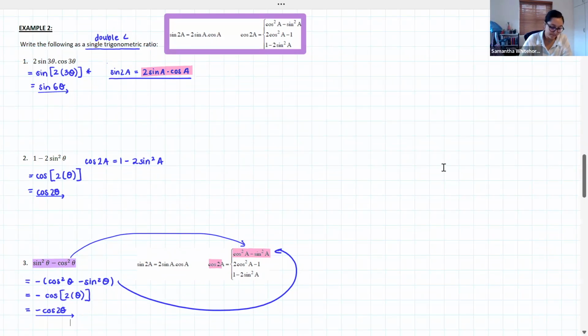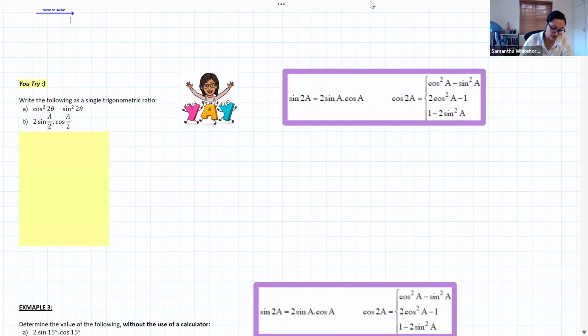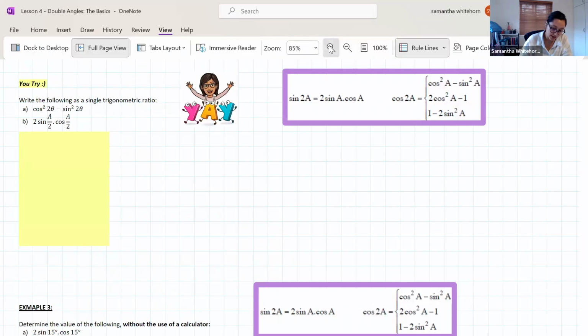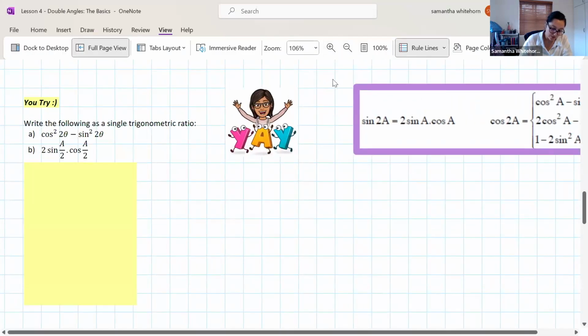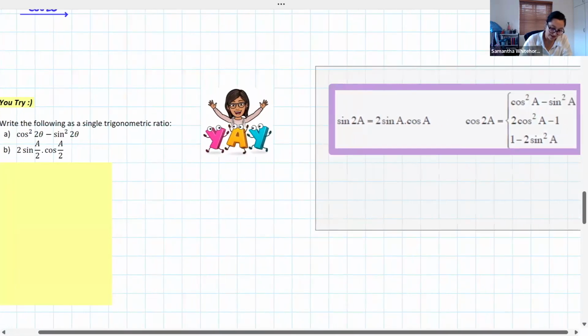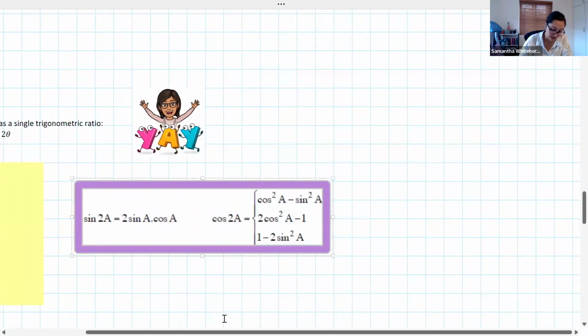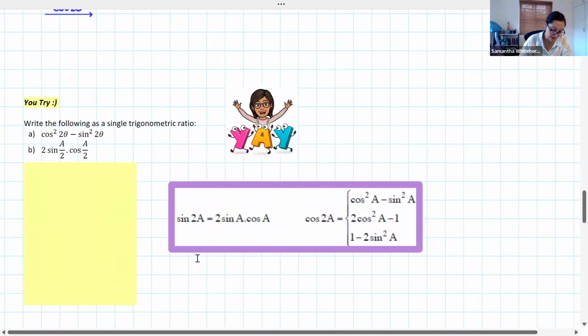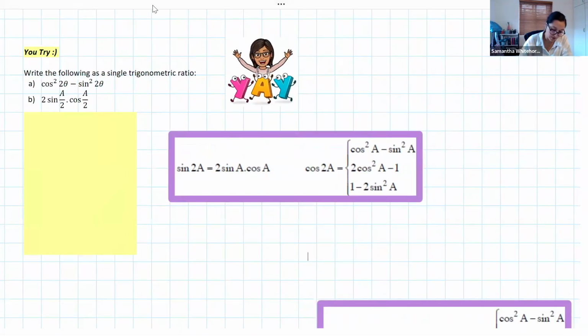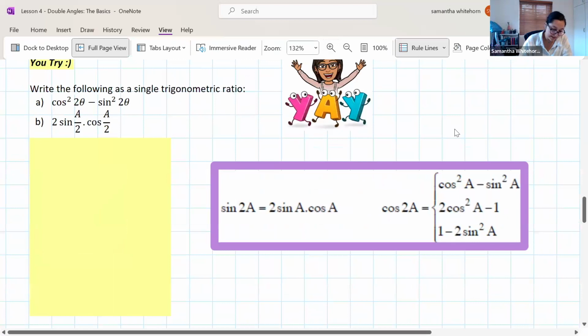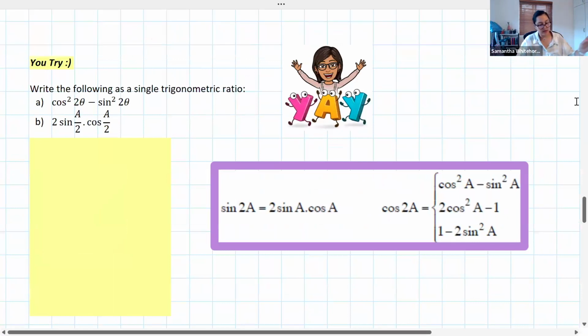Okay. Cool. All right, so these are the two that you're trying here. Just take careful note of what the angle is that you've been given. Take careful note of whether or not the expression is matching up with your identity, like we saw in the previous question. I'm going to make it a bit bigger. But let's try A and B. So A is cos squared 2 theta minus sine squared 2 theta.